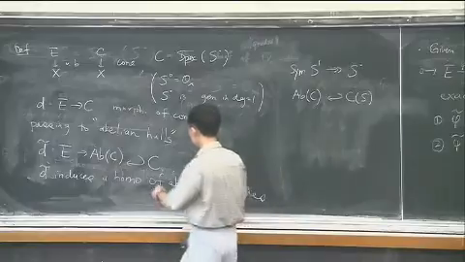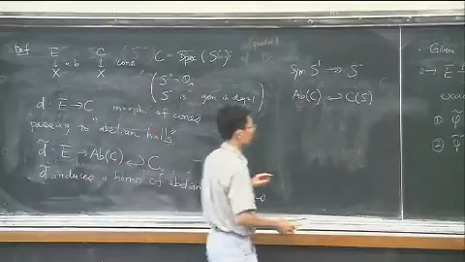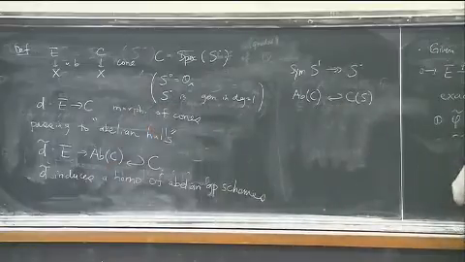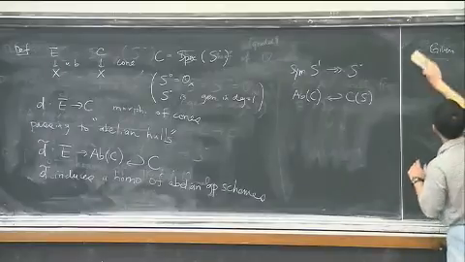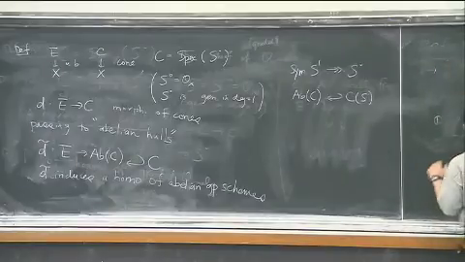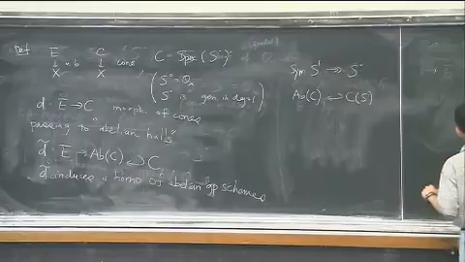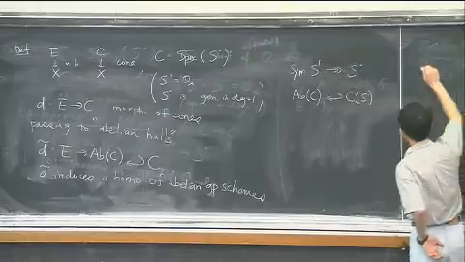This cone is a subscheme of this abelian group scheme. So now I can ask whether this cone is invariant under this action.